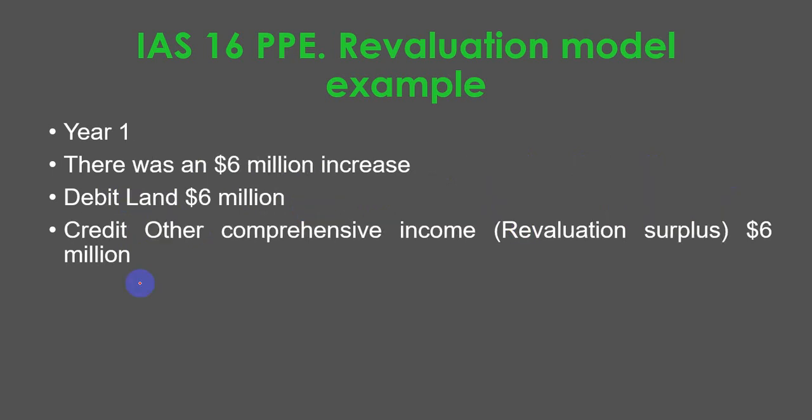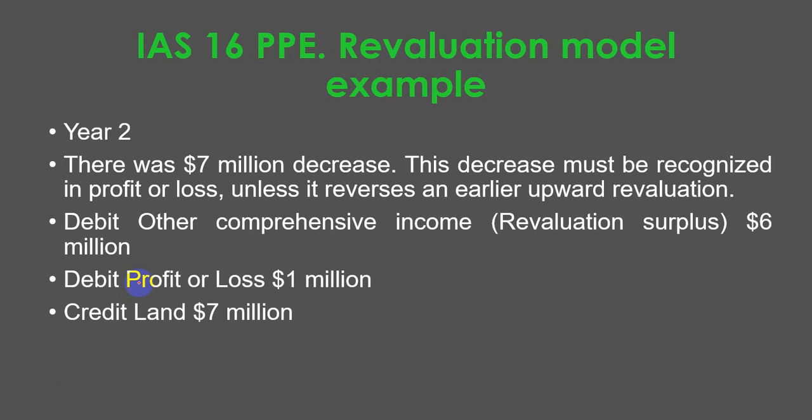And actually, in year 1 we have a revaluation surplus, an upward revaluation of 6 million. So we need first to reverse this 6 million. So we debit other comprehensive income, revaluation surplus, by 6 million and then debit our profit or loss for the remaining 1 million and credit our land by 7 million.